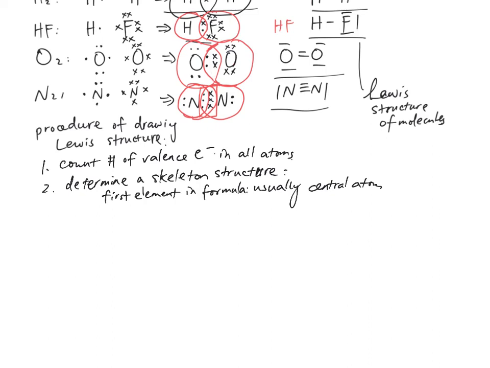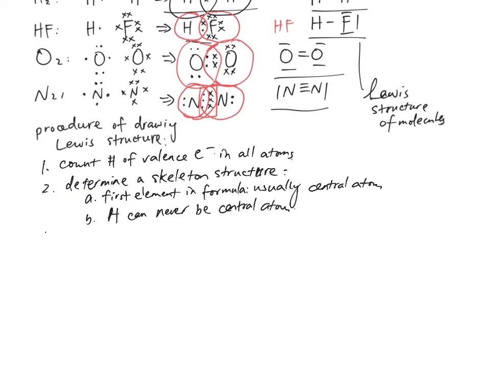And B, hydrogen can never be the central atom. Why? Remember, hydrogen only wants how many electrons? 2. And 2 electrons is 1 pair. If your element only wants 1 pair of electrons, you won't be the central atom. There's nothing central about you if you can only make 1 pair of electrons. You can only accept 1 pair of electrons.